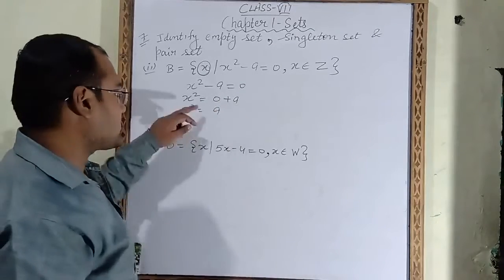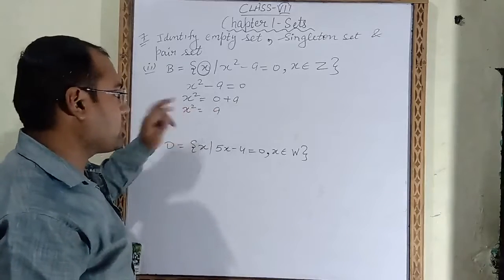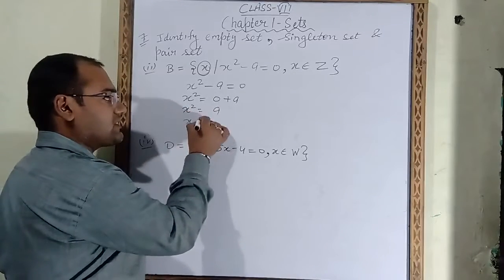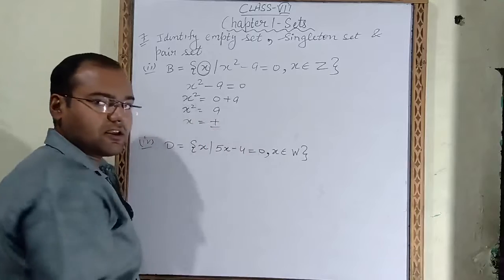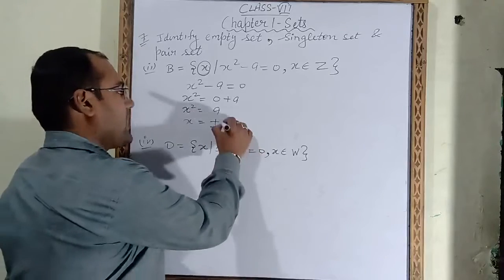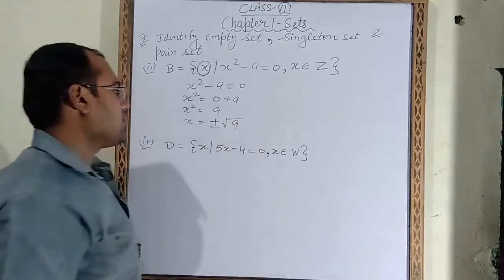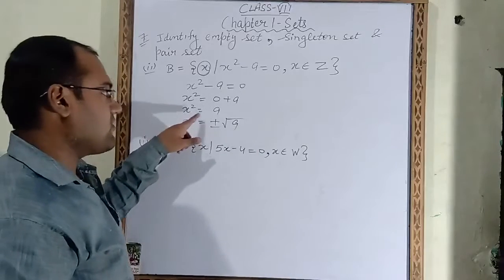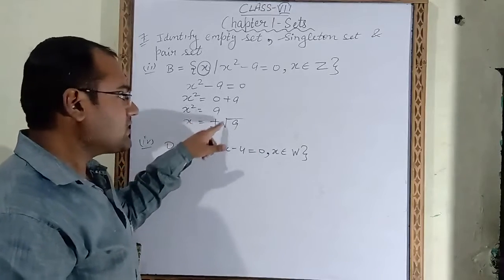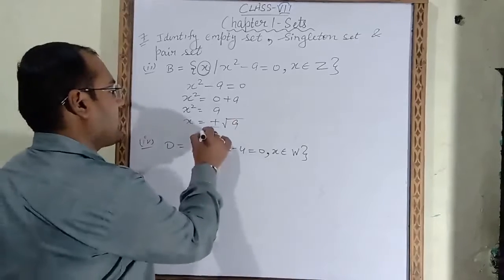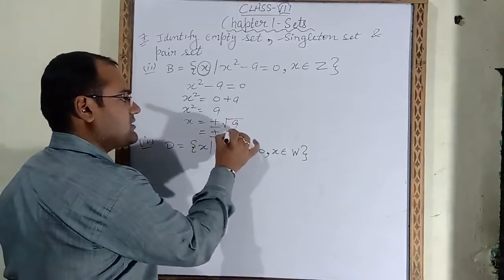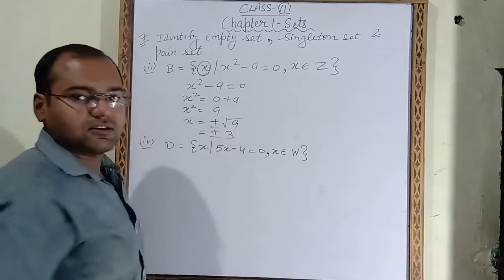Now we will remove this square sign. When we remove the square sign from x, we have to take plus minus with the square root. So the answer is plus minus square root of 9, which is 3.